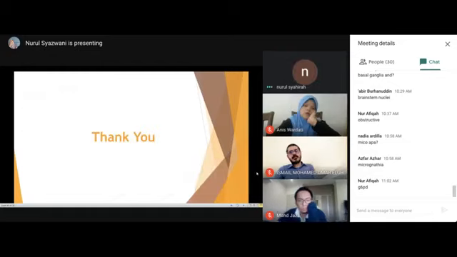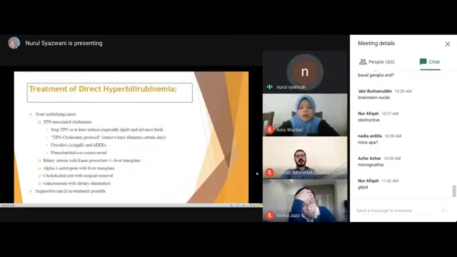Okay, this one is the treatment for direct hyperbilirubinemia. So we must treat the underlying causes. If the patient has cholestasis, we must stop the TPN-associated cholestasis. We must stop the total parenteral nutrition, and then follow the TPN cholestasis protocol.